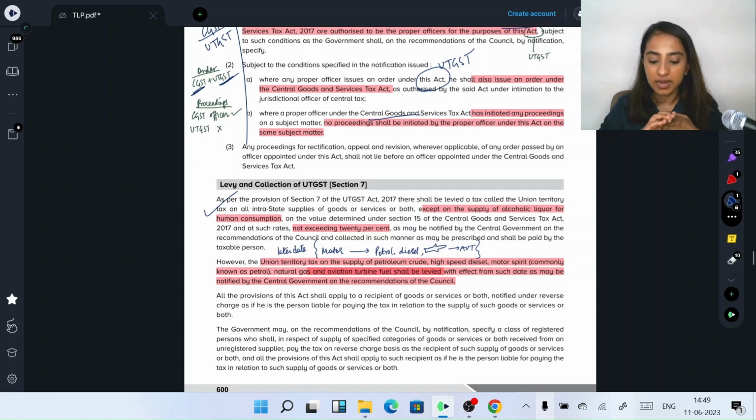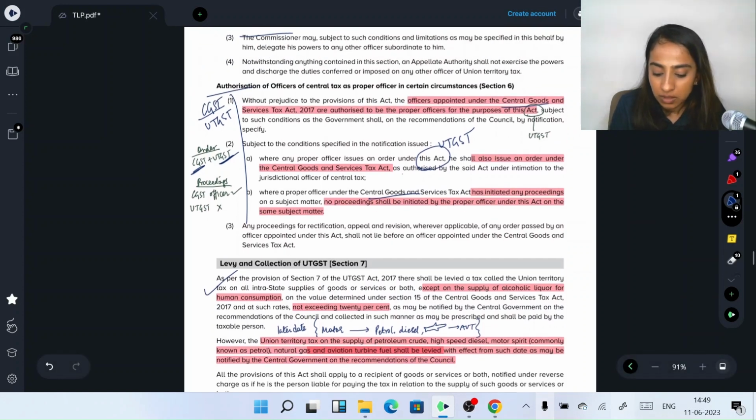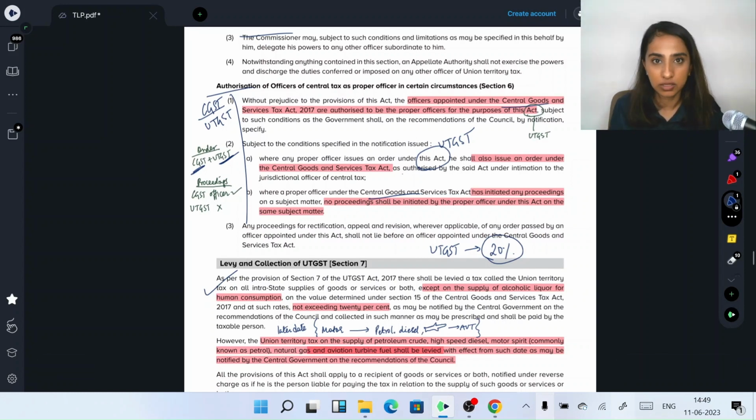And the rate of GST on the value determined under section 15 of CGST and such rates not exceeding 20% as may be notified by the central government. Means what they're saying is the maximum rate for UTGST is 20%. So the levy of GST cannot exceed more than 20%.